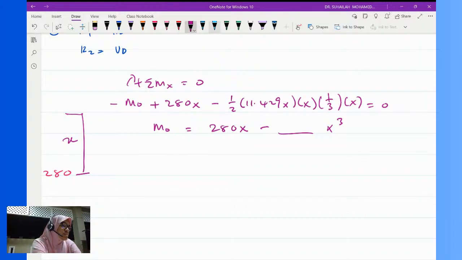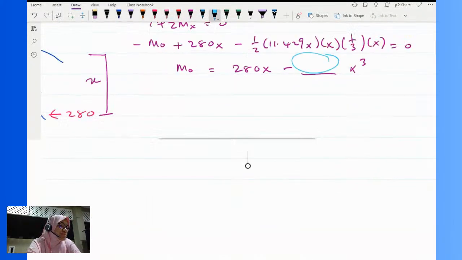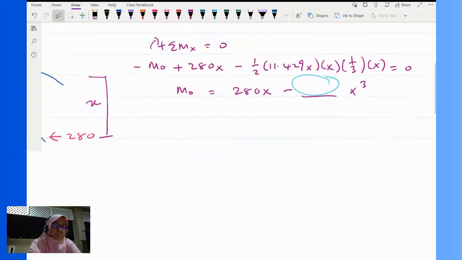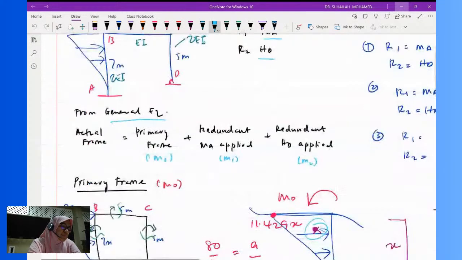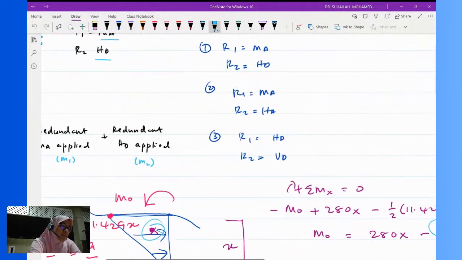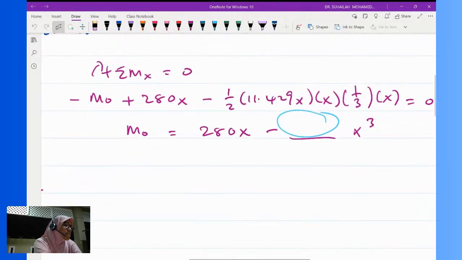Please calculate this value. What is the answer? Okay, 1.905.